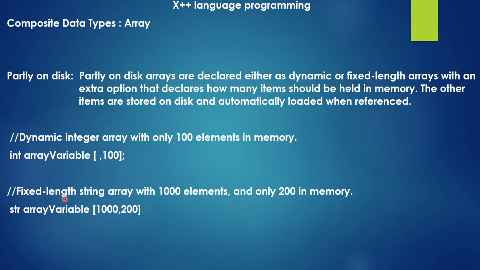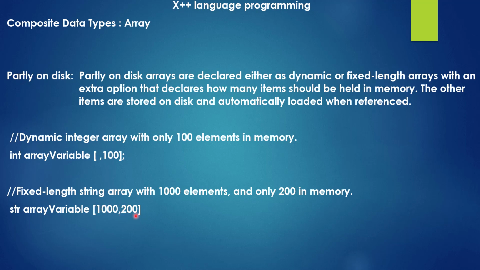Next, a fixed length array with 1000 elements and only 200 in memory. Here we have a string array, my array, with opening and closing brackets, and inside we have 1000 comma 200.